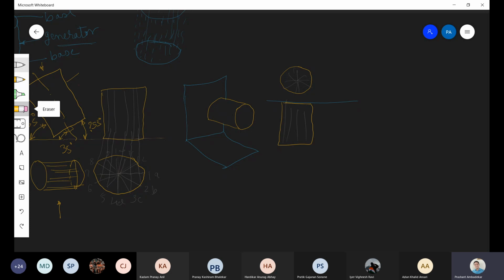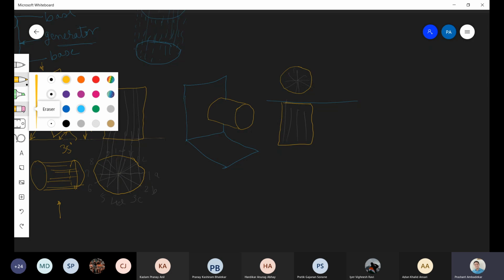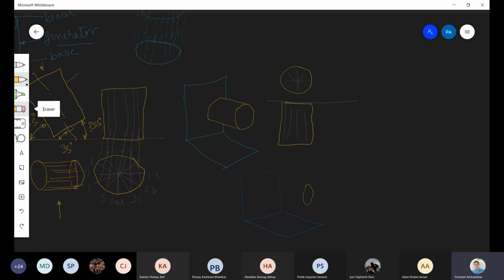But if this has to rest on VP in such a way that it is inclined to VP, okay, so if you are viewing it from here, earlier it was like this, straight, you could see the full circle. Now it is inclined to VP. You can say it is making some angle with VP. If this is the vertical line, it is making some angle with VP as it was making here with HP. So it is now making some angle with VP.